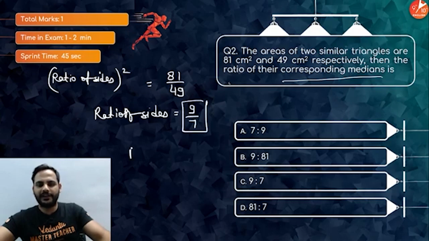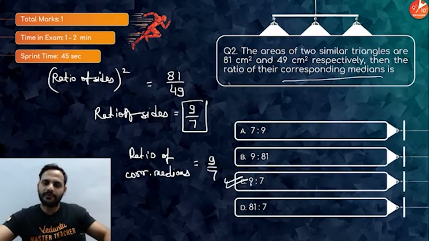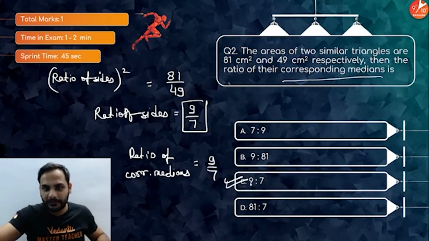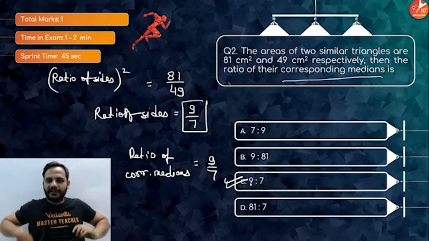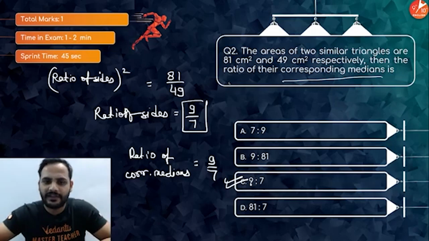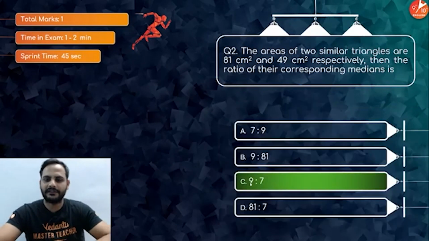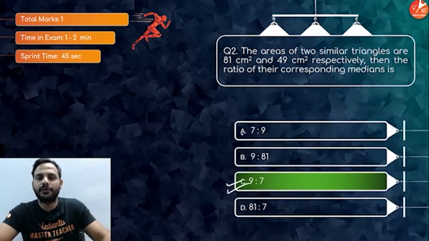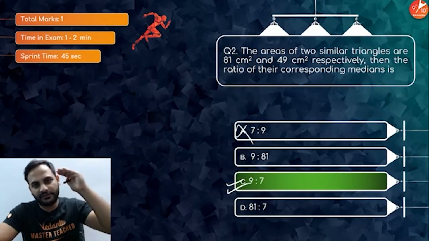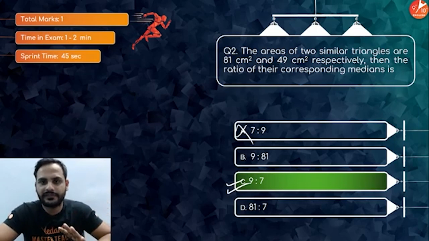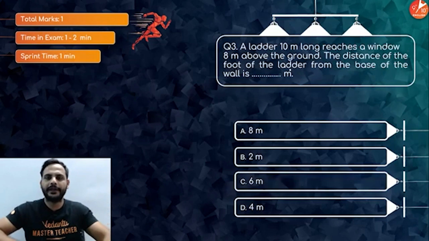If it is the ratio of sides, the ratio of corresponding medians will also be 9:7. Okay? Proof is there in the book. You can go for it, but remember it for quickly solving this. Don't go for 7:9. Since I first wrote 81 and then 49, we have to take the ratio as 81:49. As simple as that.